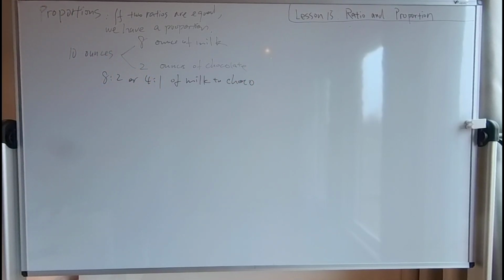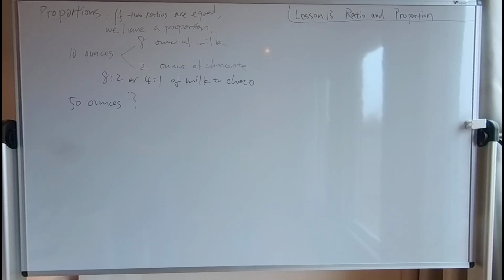So then what happens if I want to make 50 ounces of such soup? How much milk do I need and how much chocolate do I need? This is actually using the concept of proportions. Remember, we already had this in our previous examples when we were converting the ratios.